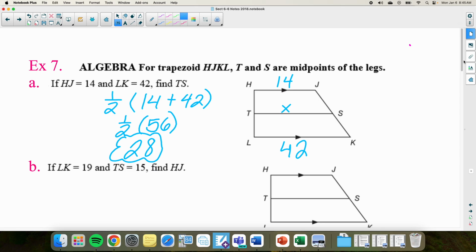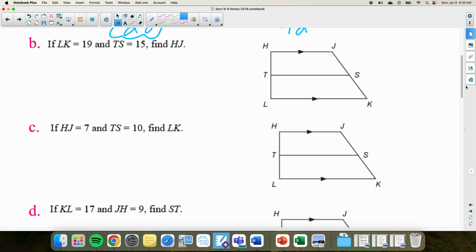Okay. If I look at B, in this one, they're giving me that LK down here is 19, TS is 15, and I want to find the other base. When they give you the middle and you have to find a base, that's when you do the shortcut way. So I have to go from 19 to 15, and to do that I subtract 4, and then I subtract 4 again. 15 minus 4 is 11.